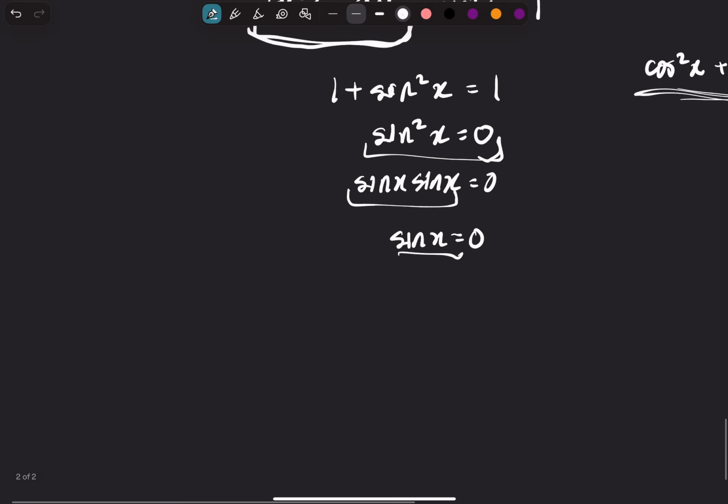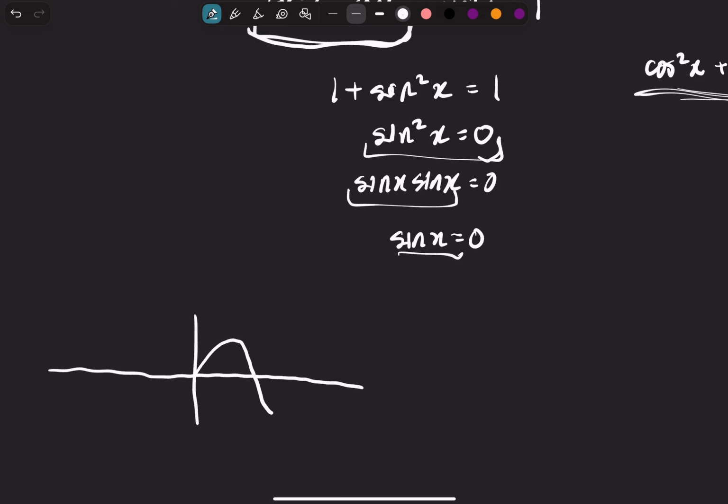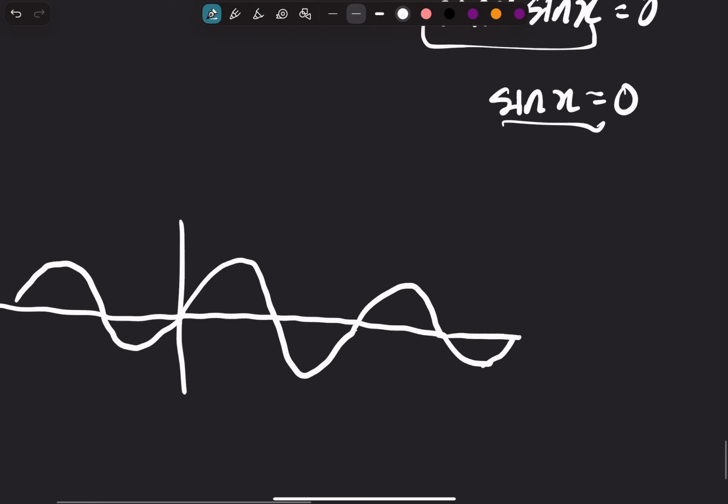So let's look at the sine graph. If we draw this, we're going to get something like that. Since we're working in radians here, we'll label this graph in radians. So this is sine x, and this is x.